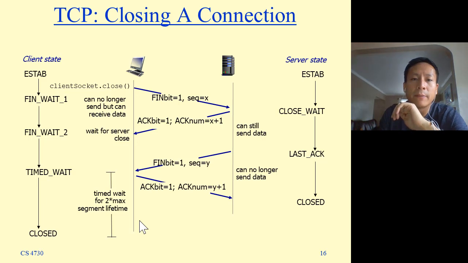That's why if you look into the TCP standards, it's quite complicated. It has a state machine with many different states, and they switch back and forth, and depending on the situations, they may go to different states. So it's quite complicated. But this is a very simple illustration of how to close a TCP connection.